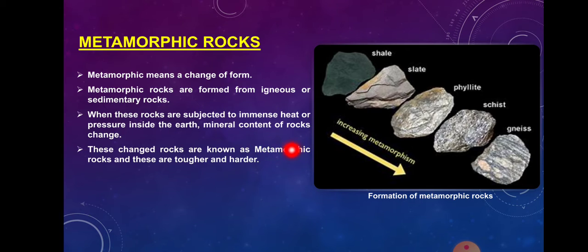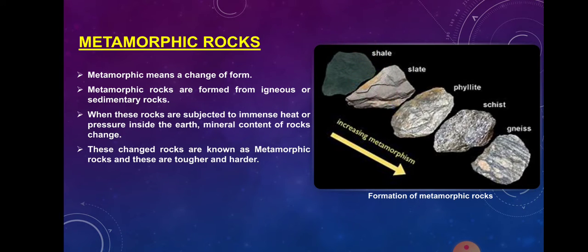Shale is formed by the cementing of clay. When clay is gathered together, layers of clay get hardened and become shale. But finally, it will become hard gneiss due to the mineral change, due to the pressure applied on this shale inside the earth.